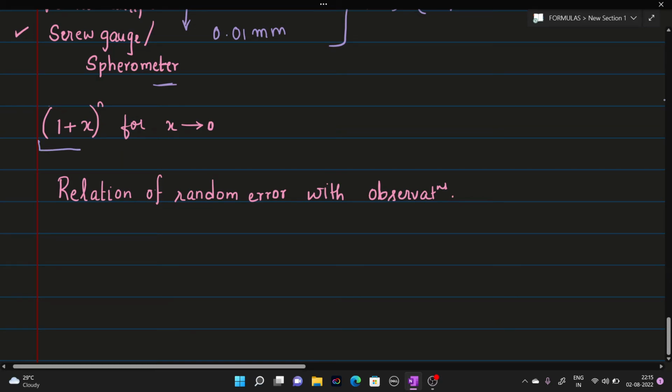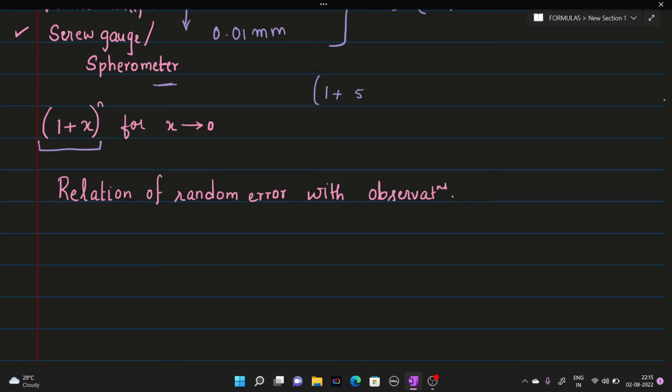Next is binomial expansion. Many times it's given as 1 plus x the whole raised to n. We can take an example as 1 plus 5 the whole raised to 100, or whole raised to half or something like that, where x, which is not 5, should tend to 0. So where x is tending to 0, we expand it and write it as 1 plus nx.